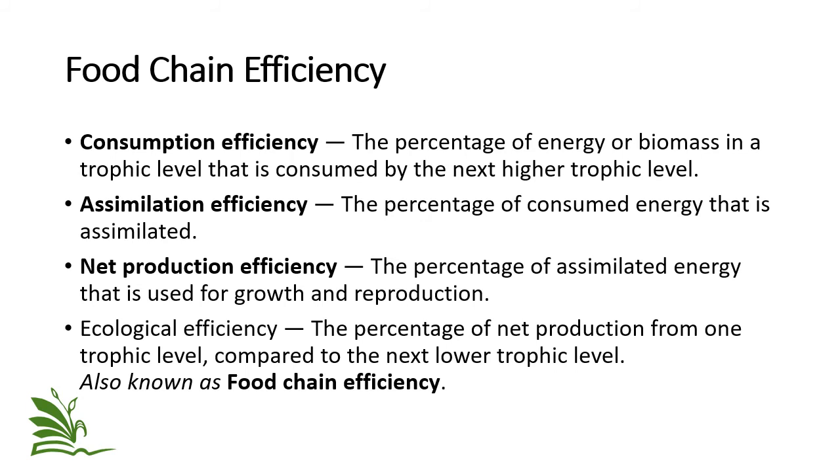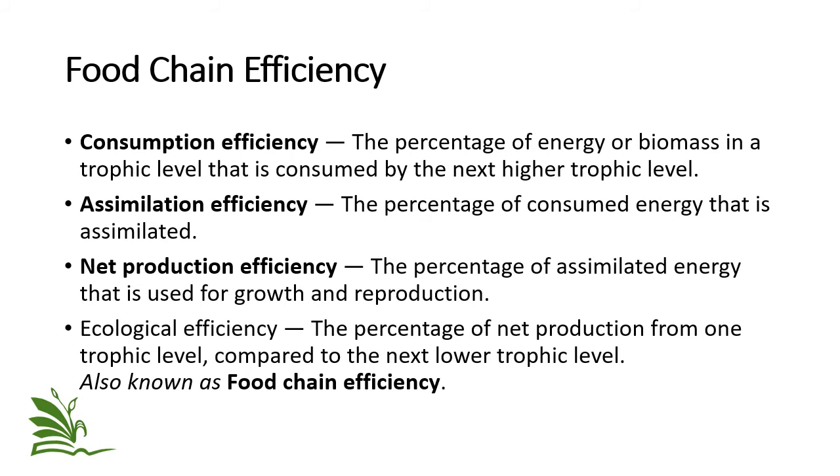And finally, net production efficiency is a term where we describe the percent of the assimilated energy that is actually used for growth and reproduction. There's a whole pile of other activities that you could be doing if you're not growing or reproducing, right? You could be walking around, you could be pooping, you could be doing a whole pile of stuff. That is not part of the net production efficiency.